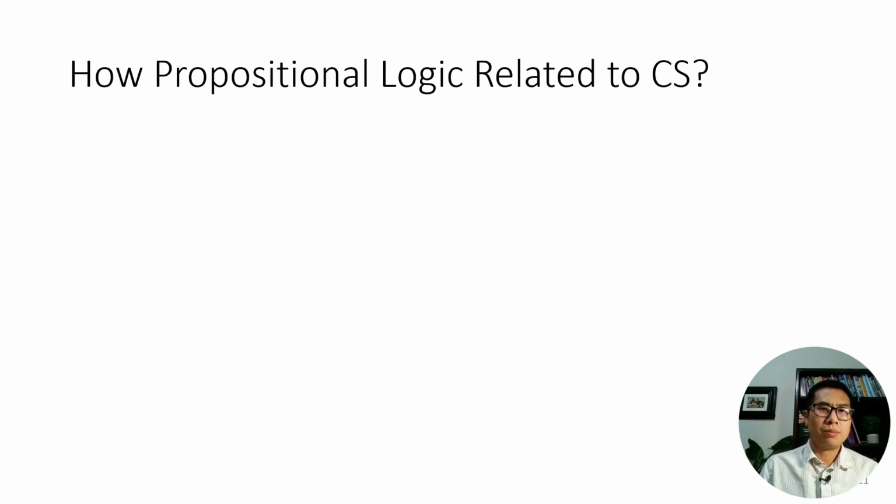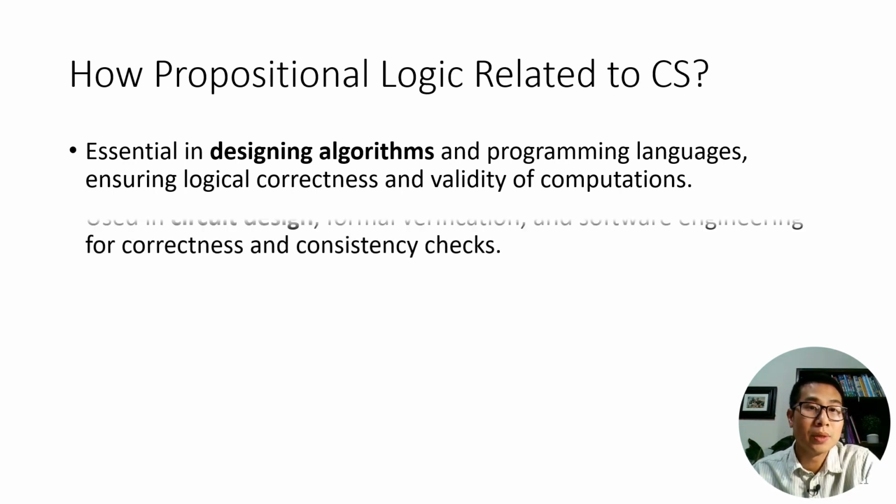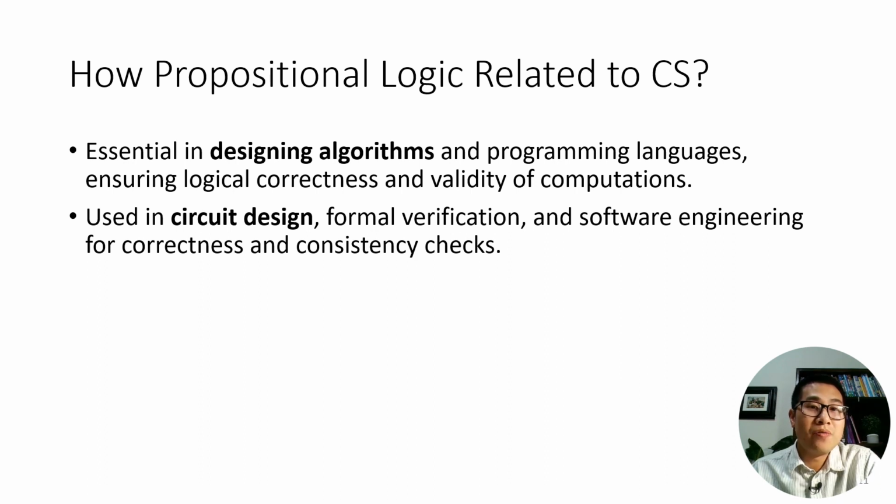Then, how is propositional logic related to CS, as we already explained? It's essential in designing algorithms and programming languages, and especially in how computers work. Also very important is circuit design, so that you understand that computers are composed of many circuits to solve computation problems.